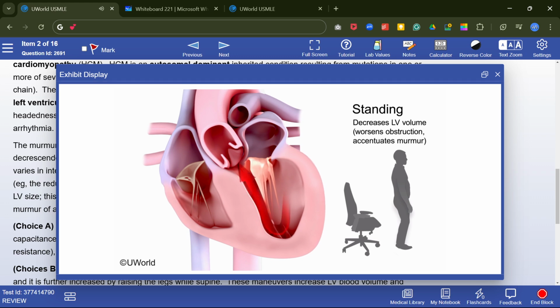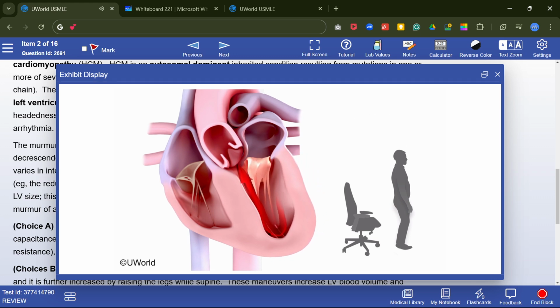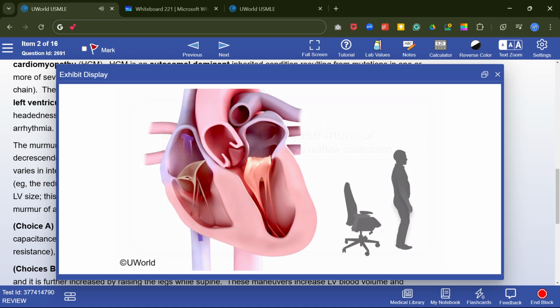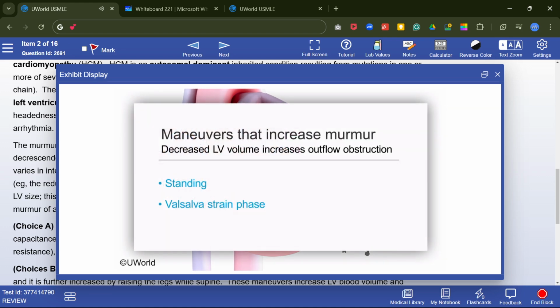Left ventricular volume is decreased, which worsens the obstruction and accentuates the murmur. In severe cases, systolic anterior motion of the mitral valve leaflets may further exacerbate the outflow tract obstruction. Other maneuvers that decrease left ventricular volume, such as the Valsalva strain phase, will also accentuate the murmur.